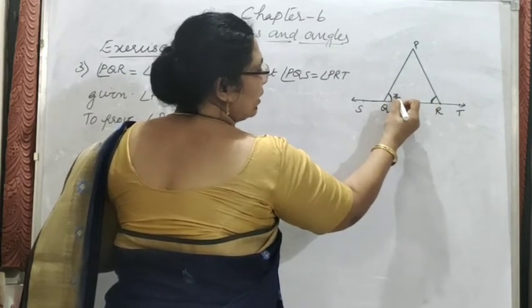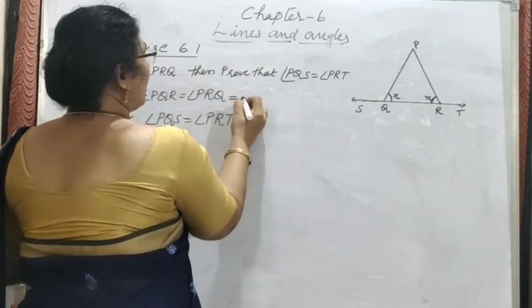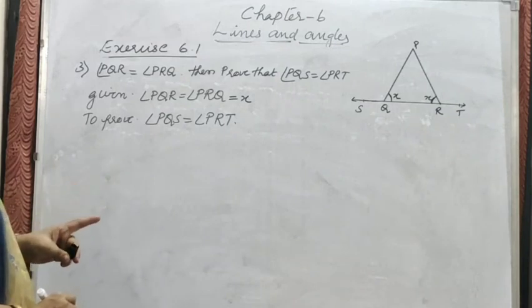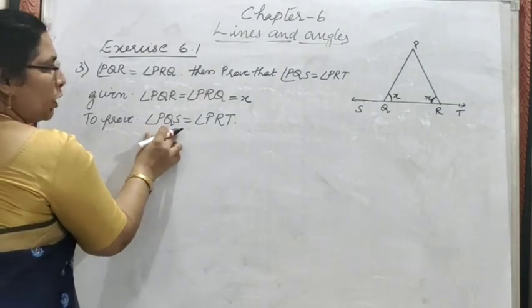So let us mark it is equal to x. If it is x means this also equal. So I'll write here x. Right? So angle PQR equal to angle PRQ equal to x. Now the question is that we should prove PQS.